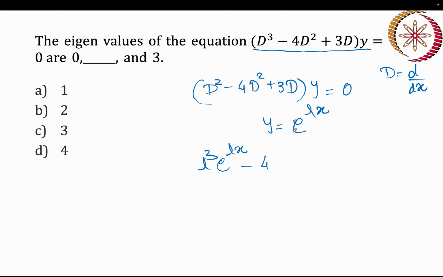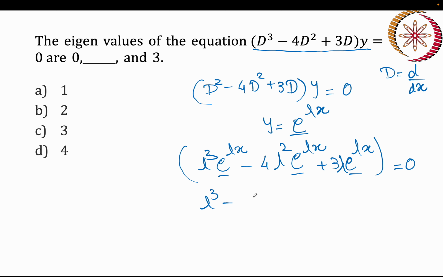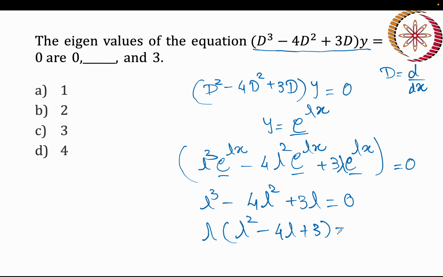Then minus 4 times the second derivative of y, which is lambda square e raised to lambda x, plus 3 times e raised to lambda x for the first derivative, and this is equal to 0. So we can take e raised to lambda x common, and what finally we'll get is lambda cube minus 4 lambda square plus 3 lambda is equal to 0. Taking lambda common, lambda square minus 4 lambda plus 3 equal to 0.